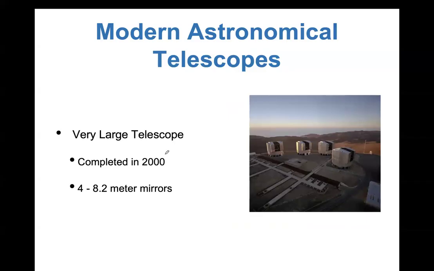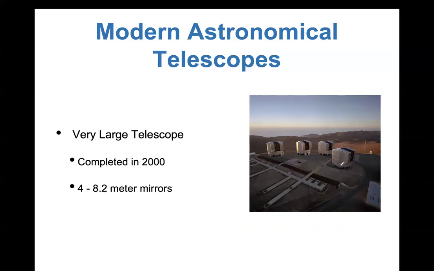All right. Then moving forward, you've got the Very Large Telescope, completed many years later. Obviously, we jumped forward in time quite a bit to show another key moment. Completed in the year 2000.